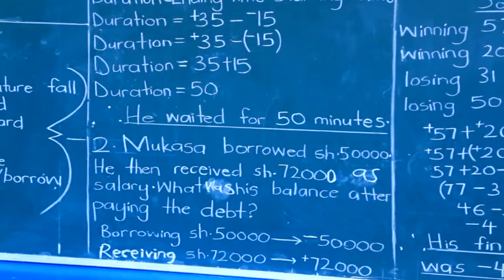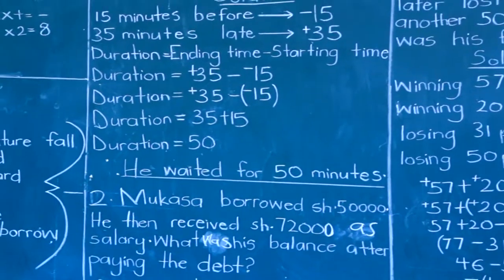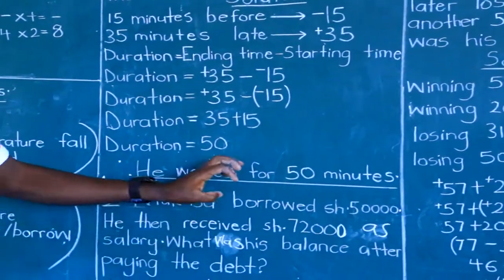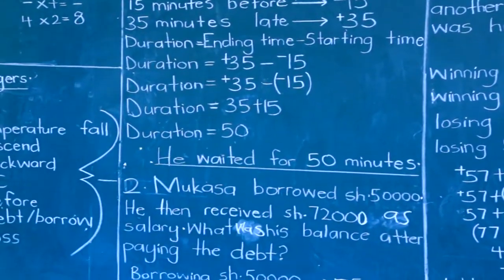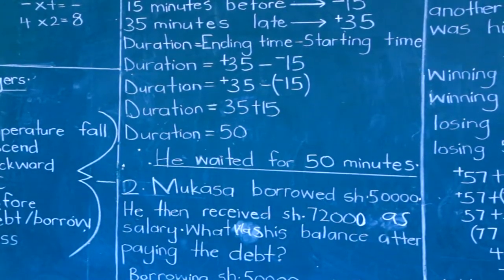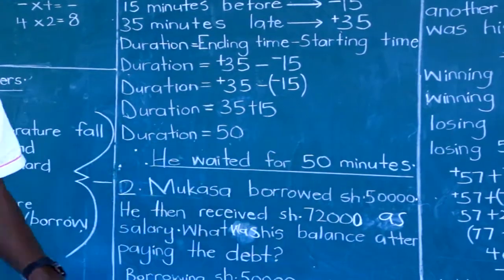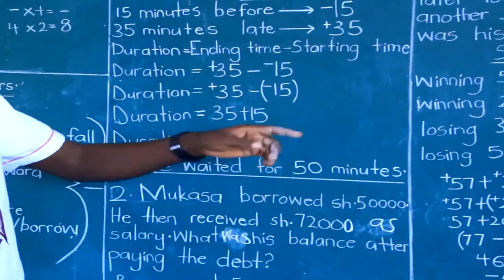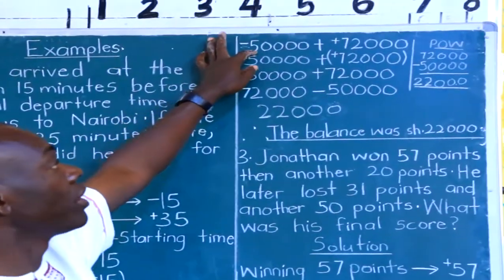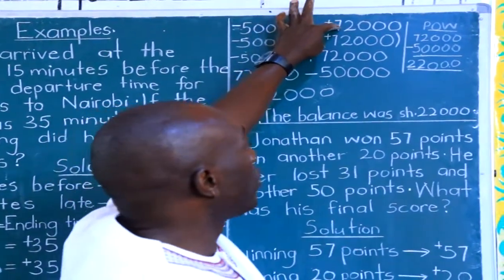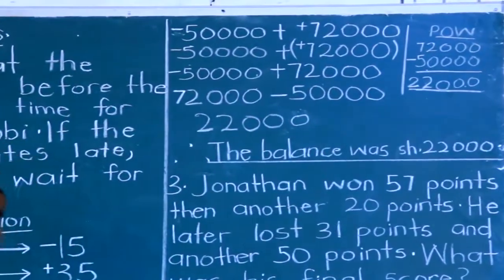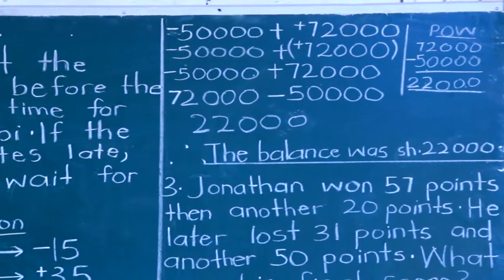Now, what happened first? It was Mukasa's borrowing, so go in the order of the events. It was borrowing first before he received the salary. So you say negative 50,000 plus positive 72,000 as the events did happen.